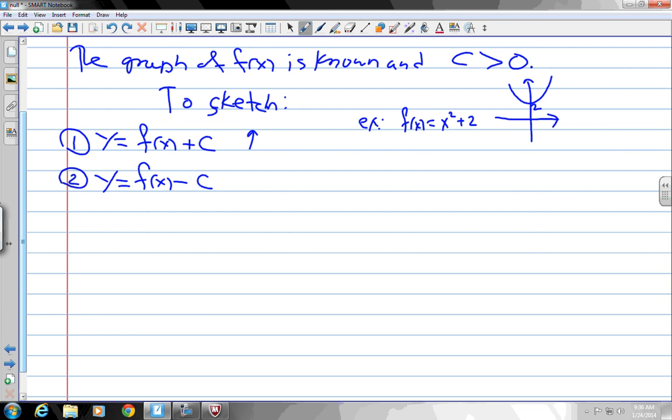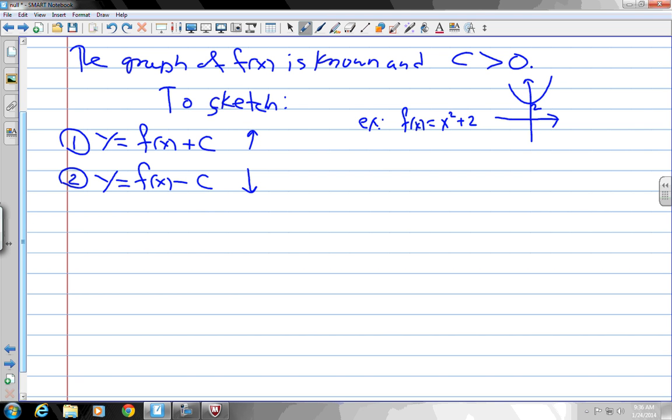If I subtract a number, so I'm reducing every y value, where's the graph going to go? Down. So if I had x squared minus 2, I would have a parabola that crosses the y-axis at negative 2. Is that okay?